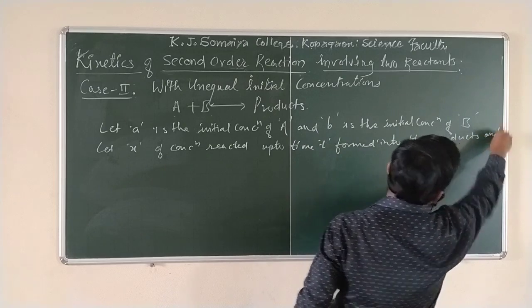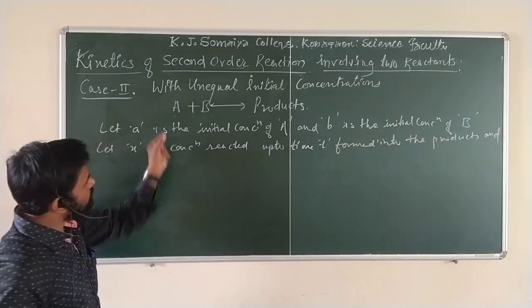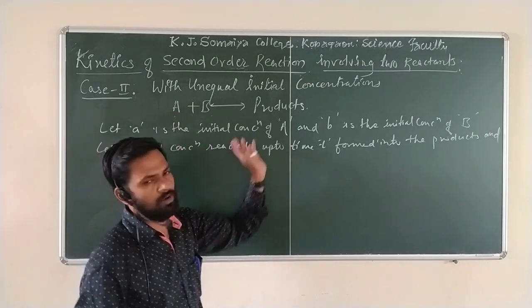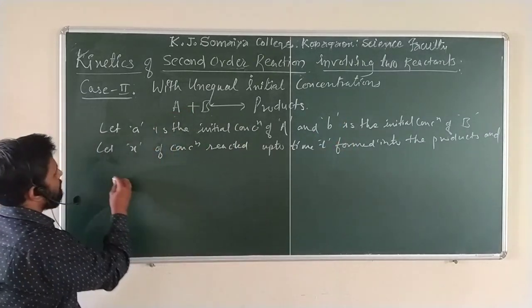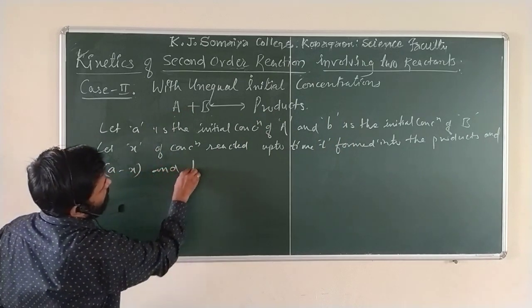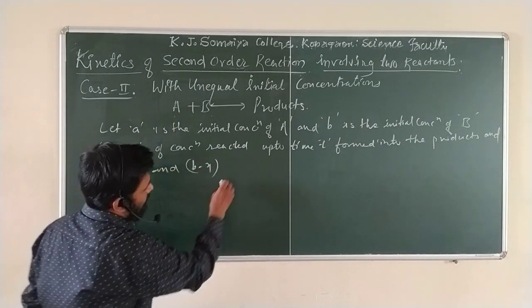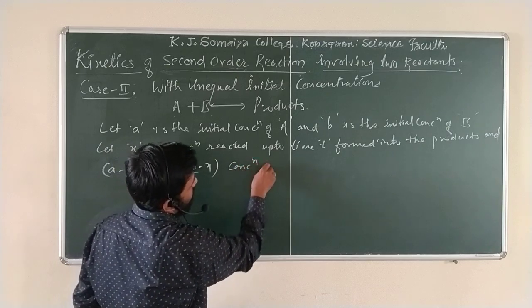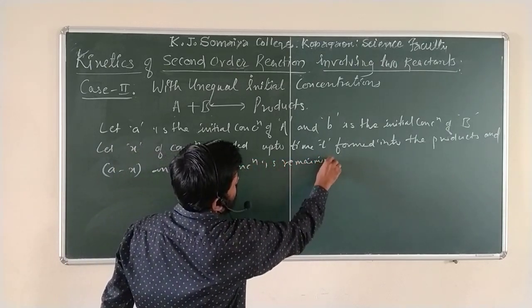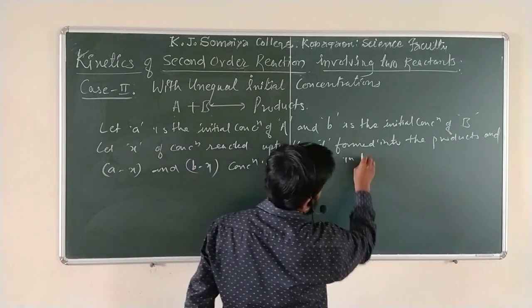Now see, x molecules from A and x molecules from B reacted at time t to form the product, and what is remaining? a minus x and b minus x concentration is remaining in the reactants.